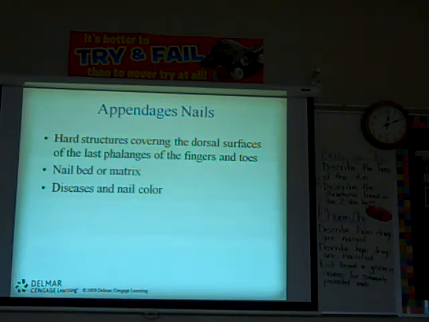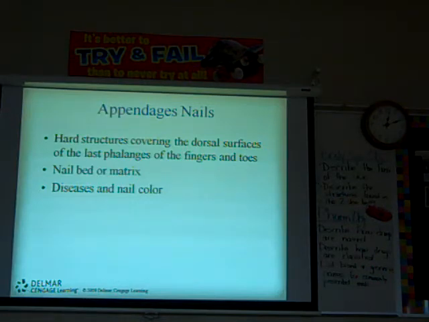All right, so fingernails are on the last phalange. Our fingers are made up of phalanges, and the free edge is what you have to clip or file. Your fingernails grow faster than your toenails. For some people, they're thicker too.